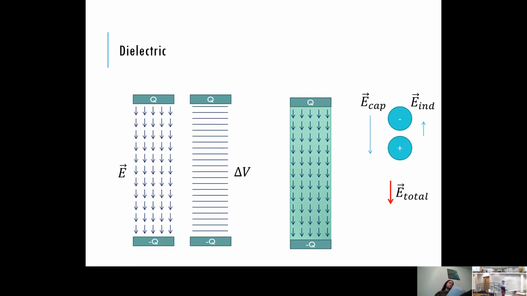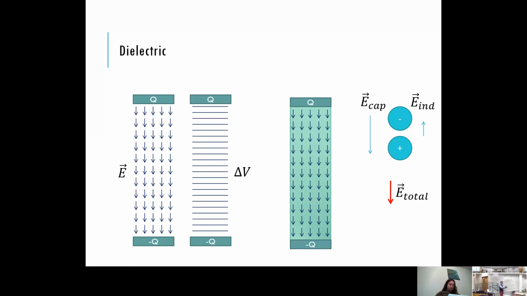So if the electric field is smaller, that means the slope is less steep, which means what happens to my equipotential lines? If I want a less steep slope, do they need to be closer together or do they need to be further apart? Farther apart. Right, topographical maps.